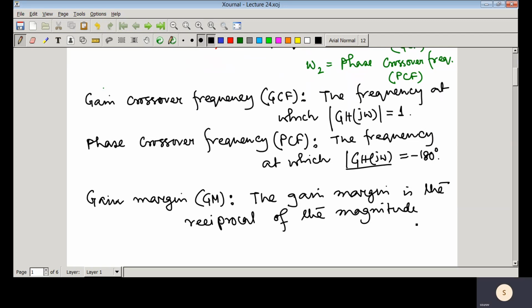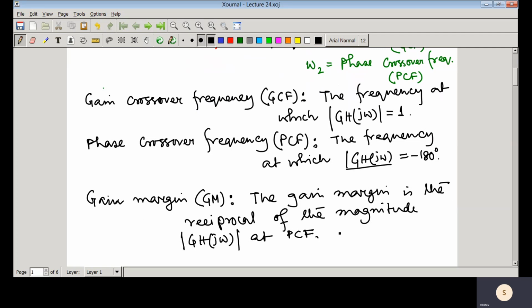What is that magnitude? That is GH(jω), and that omega is at phase crossover frequency, at PCF. So the gain margin is the reciprocal of the magnitude at PCF, phase crossover frequency.